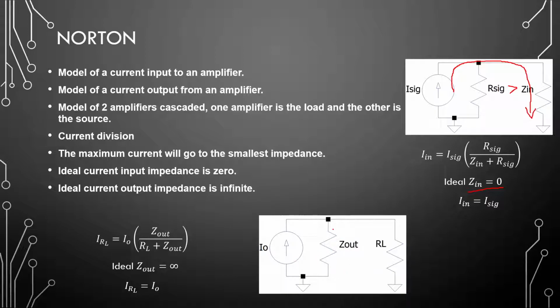If this output impedance goes to infinite, it technically does not exist and all the current can flow into the load resistor. Right, so current division is the main thing, or how we calculate loading effects for currents in and out of an amplifier.